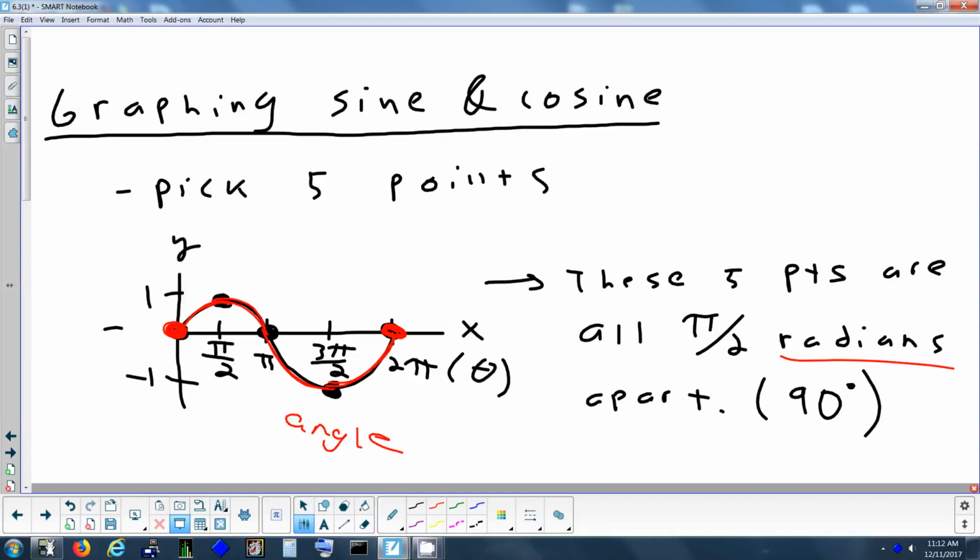On the y-axis, you're graphing the sine of the angle. Okay, so in degrees, that would be 0, 90, 180, 270, 360. So that's the name of your x-axis, angle. Y-axis, it's the trig function of the angle. In this particular problem, sine.